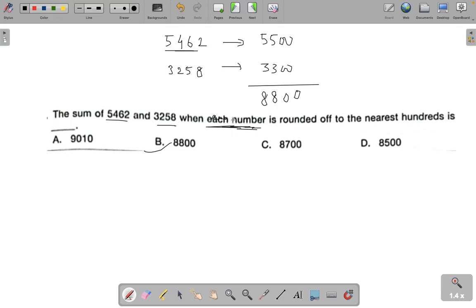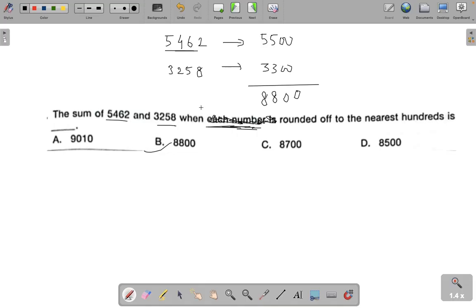So then you would not be given this. Is this clear? Yes, sir. Okay, since it is given that you are rounding each number, you have to round each number first and then add. When this is not given, you have to just add them simply and then round it off.